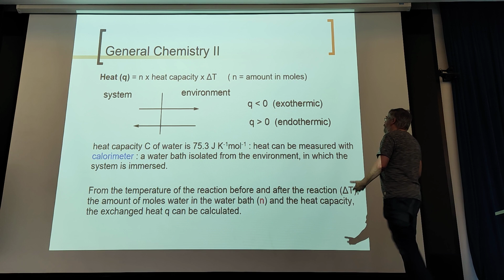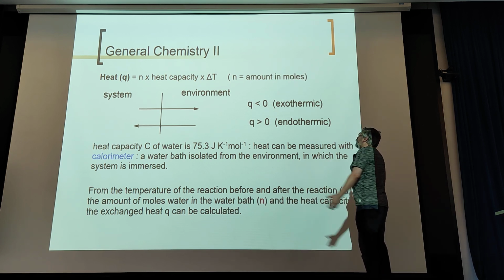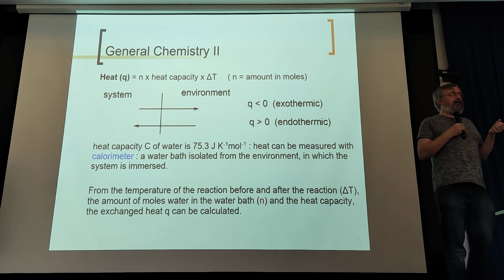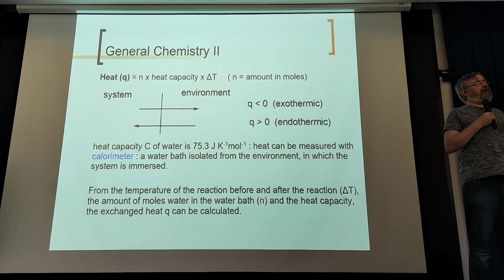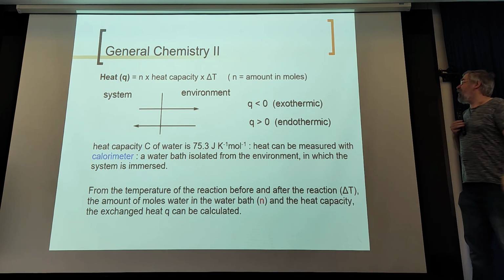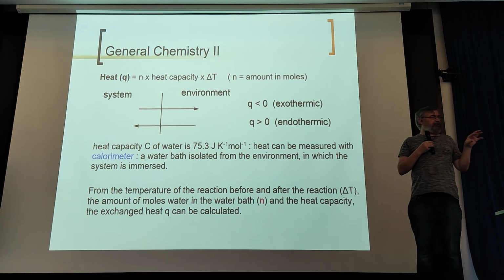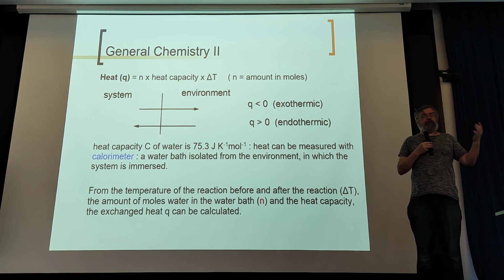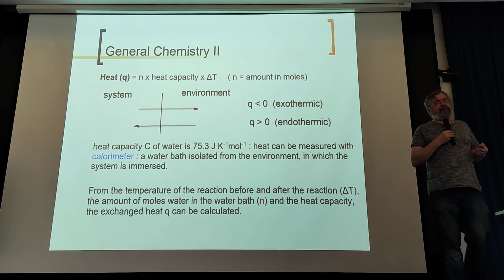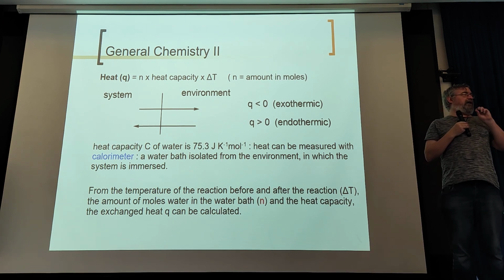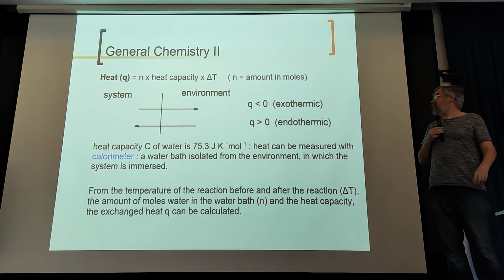And so the heat depends on the amount of water, for instance, that we have in the heating mantle, expressed in moles, and the heat capacity, which is a property of the water or of any compound that we are using for the bath. And then what we measure is the difference in temperature.